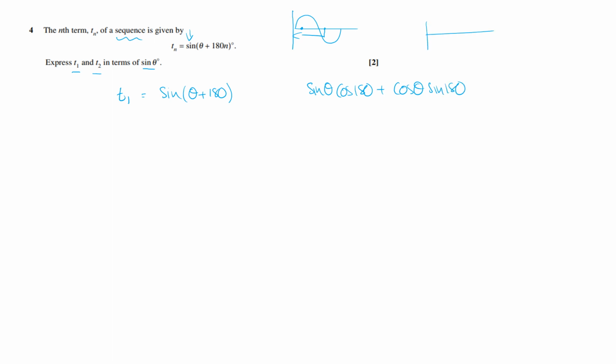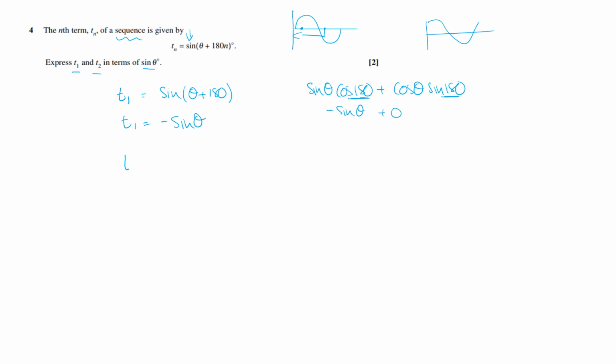So using our sine and cos graph, then cos 180 is going to be minus 1, so that would be minus sine theta, but sine 180 is plus nothing. So T1 is just going to be minus sine theta.